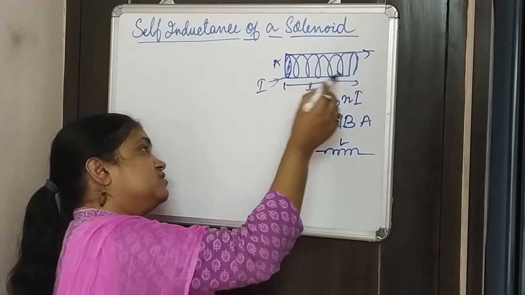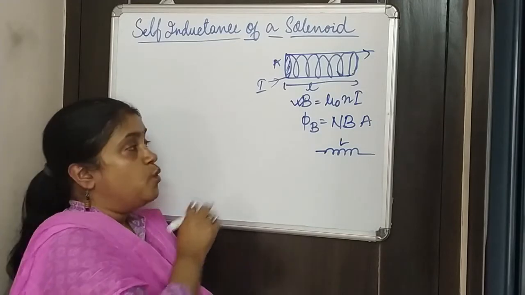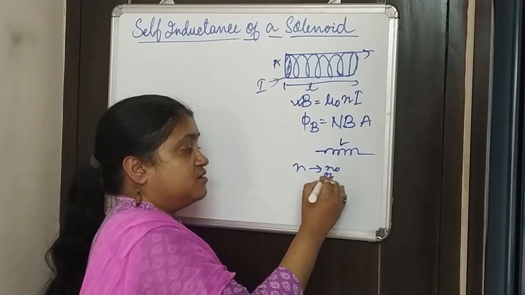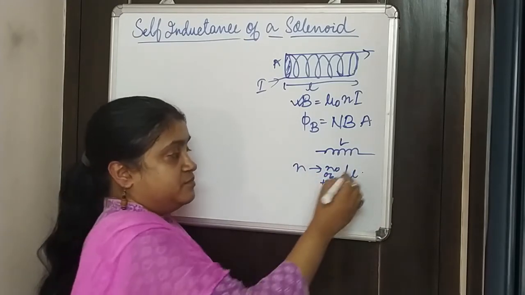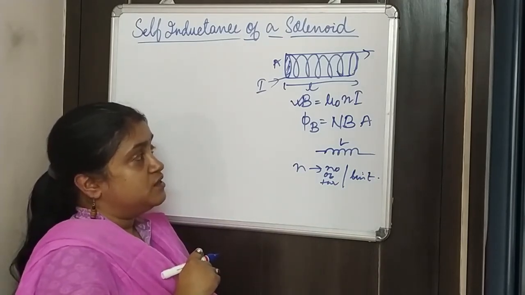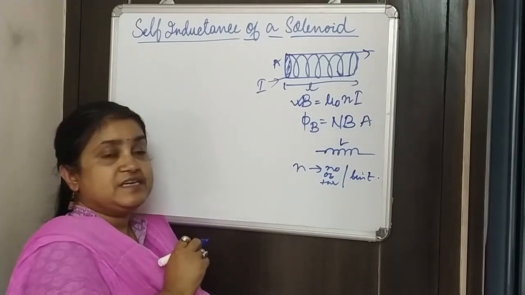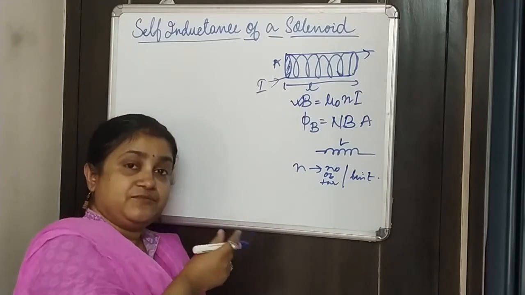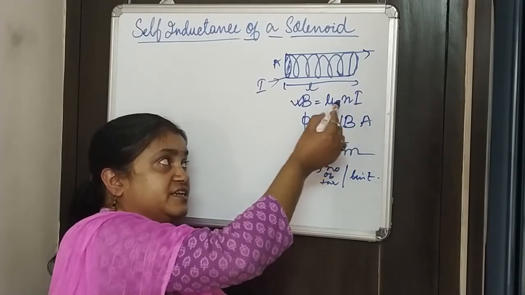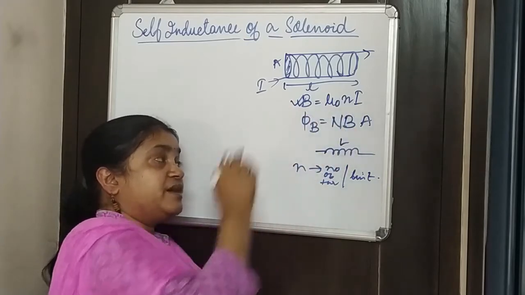The magnetic field B is given as mu naught n i, where n is the number of turns per unit length, right? The magnetic field due to the solenoid is given as mu naught n i, that we have already learned, that the magnetic field for a solenoid depends only on the current and the number of turns per unit length, nothing else. So this is the magnetic field.